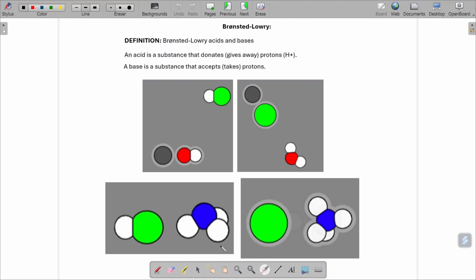The formula for ammonium is NH4, because there are 4 hydrogens and 1 nitrogen, and the charge of this is positive because it is an ion. So the charge of the proton is positive, and so that charge is then transferred to the ammonia, and it forms an ammonium ion.